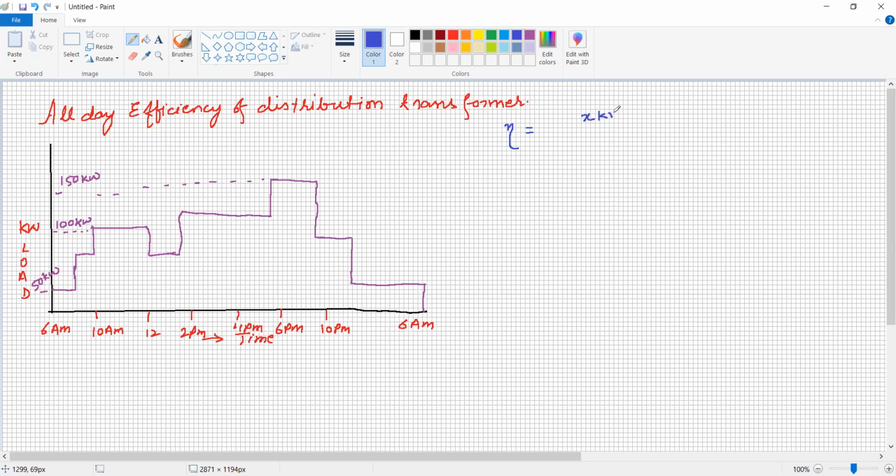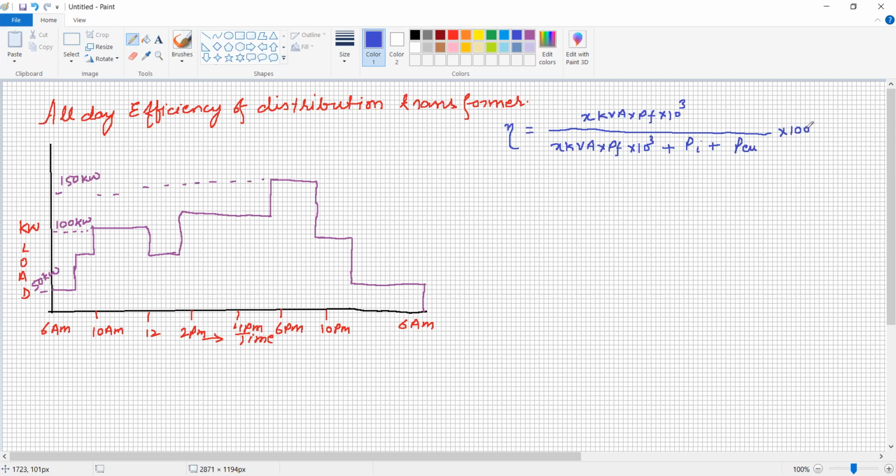It is X into kVA into power factor into 10 raised to 3, divided by X into kVA into power factor multiplied by 10 raised to 3, which is in watts, plus the power loss, Pi the iron loss plus PCu the copper loss, multiplied by 100, so it is a percentage efficiency.